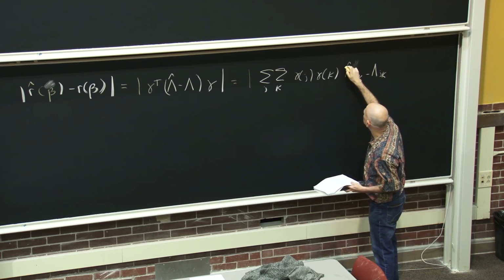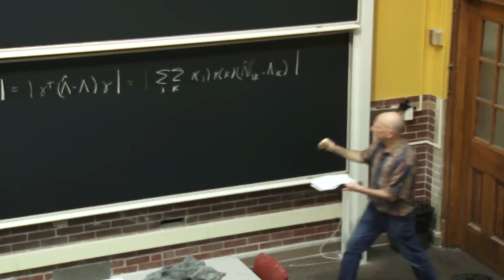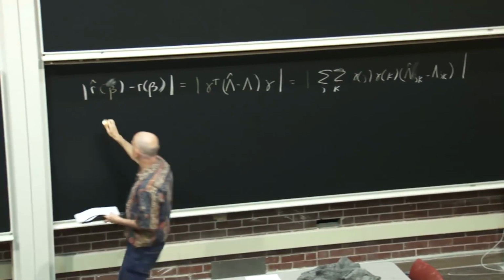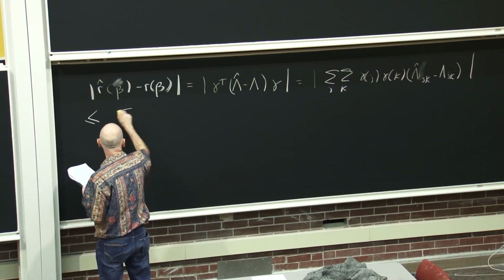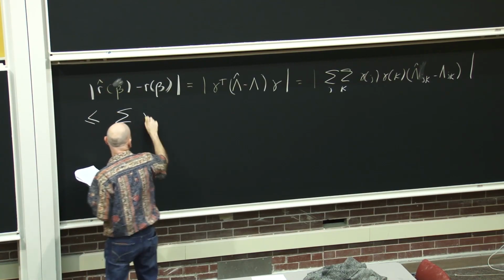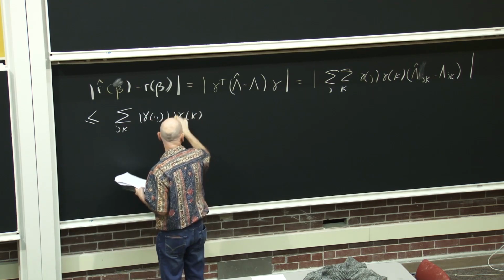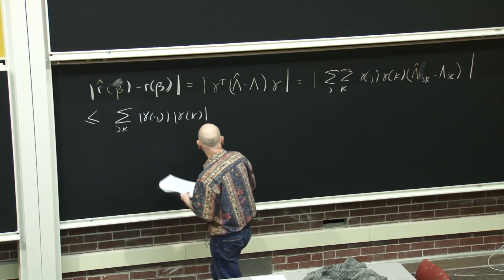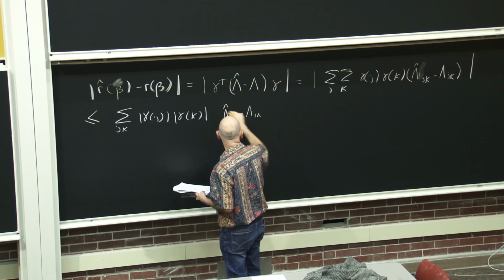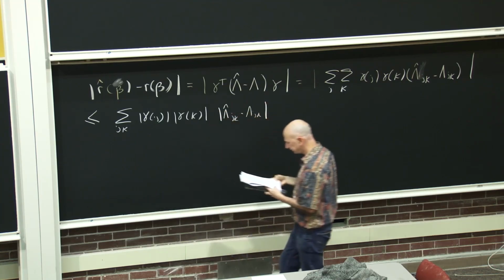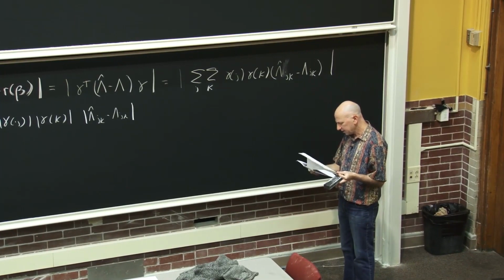I'm just writing out what the sum is, right? But I'm going to bring the absolute value on the inside. So that's less than or equal to the sum over j and k of gamma of j, gamma of k, times the absolute value of lambda hat jk minus lambda jk. Did I define what that is yet? Good.